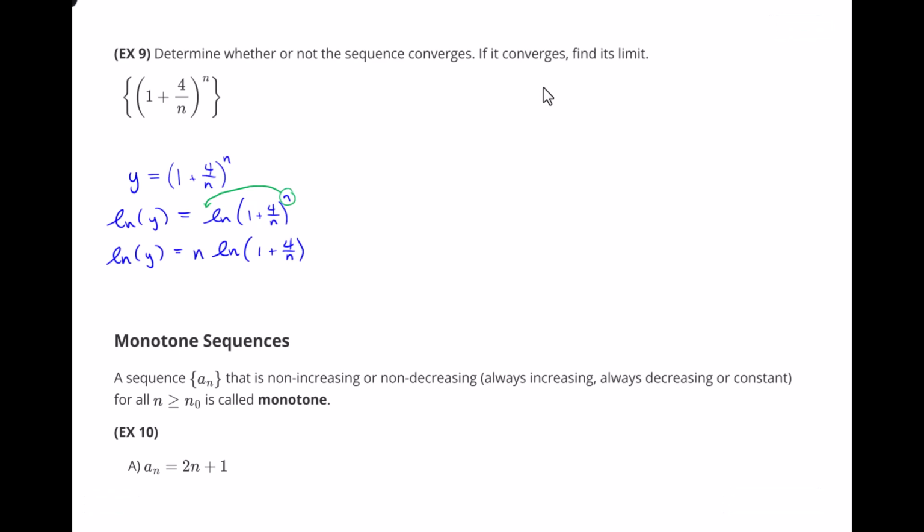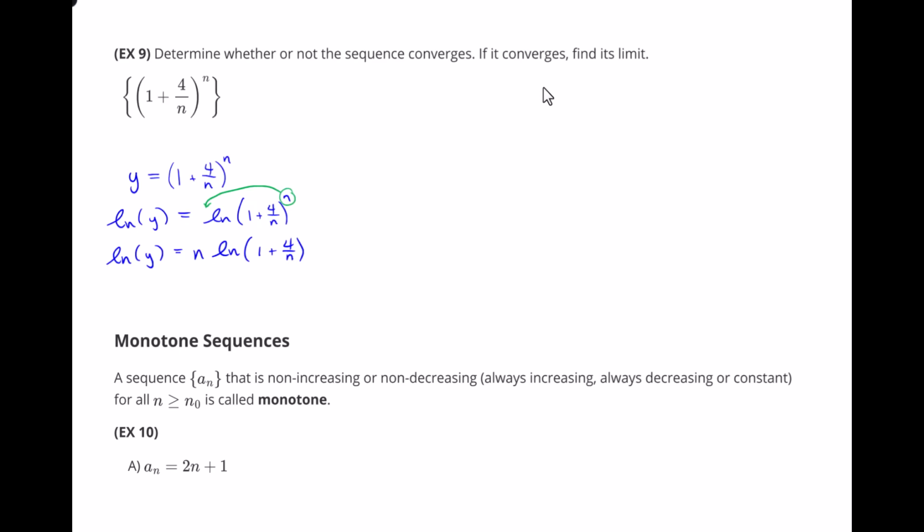Now, we have complicated things a little bit by introducing a logarithm, but I think we can do a little bit more with this particular function than we could the original, which was 1 plus 4 over n to the n. And here's why.